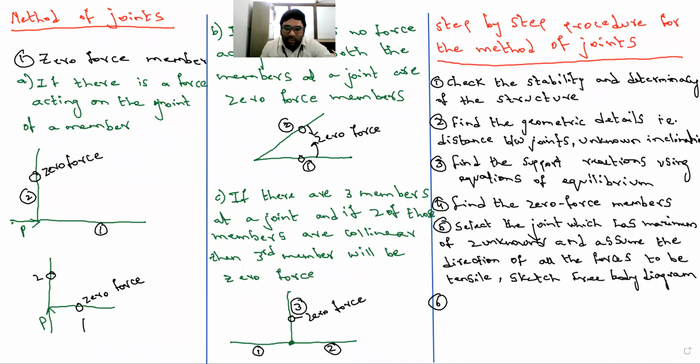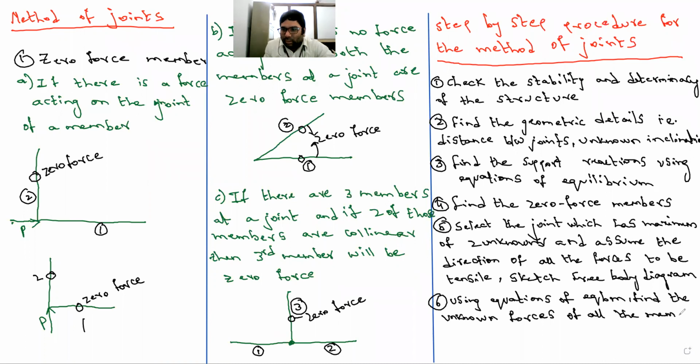Now, what do we need to do once we go to a joint? Using equations of equilibrium, find the unknown forces of all the members.